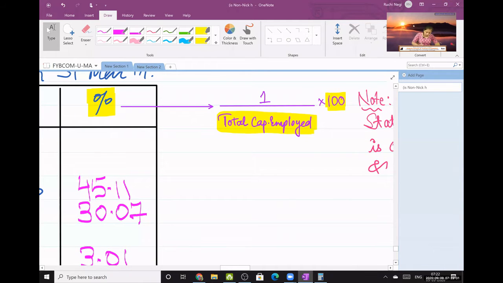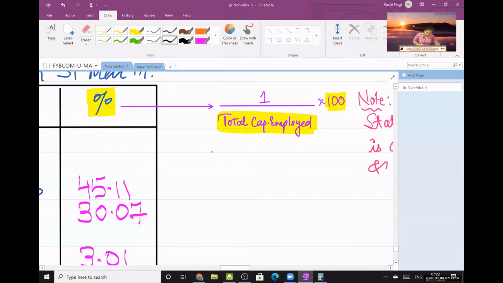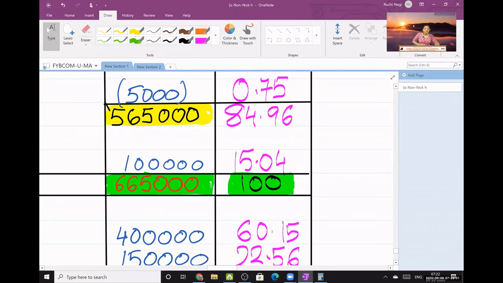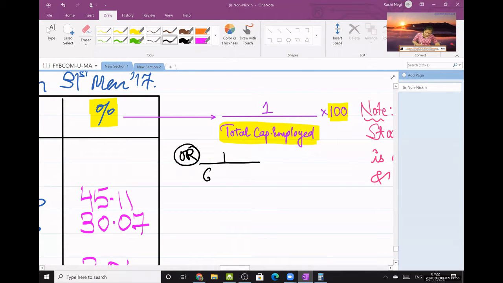Okay, so can I write it like this? Use the shortcut. Okay, or 1 upon total capital employed. How much is my total capital employed? 6,65,000. So write 1 upon 6,65,000 into 100.